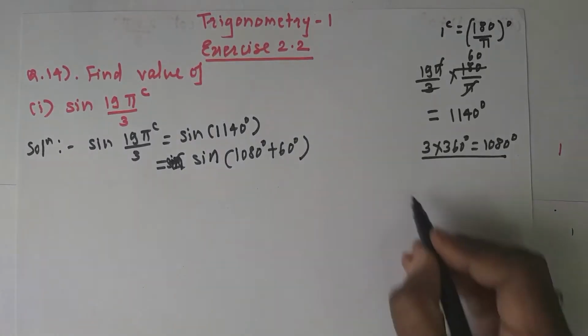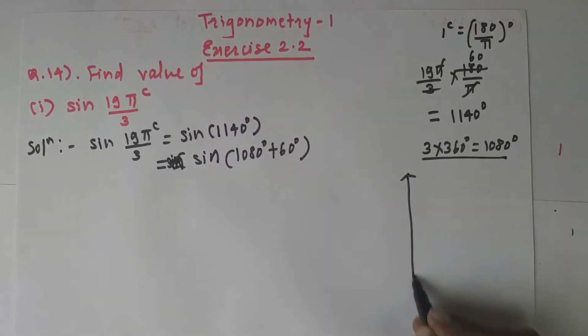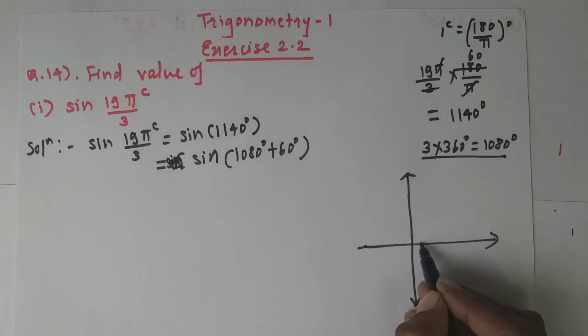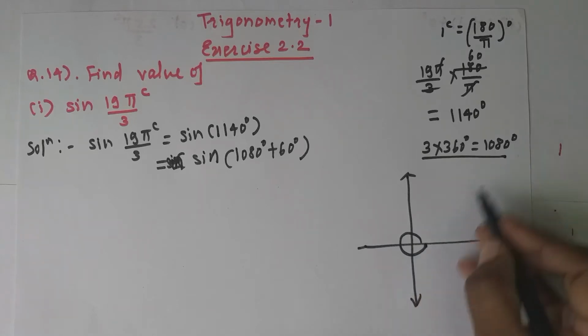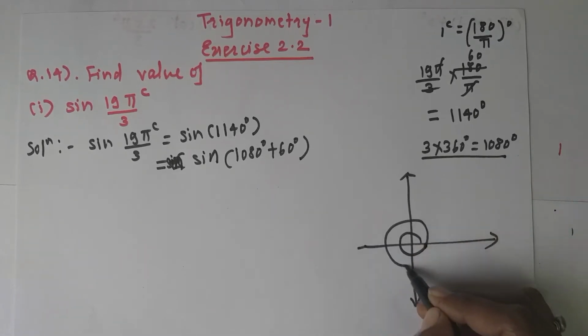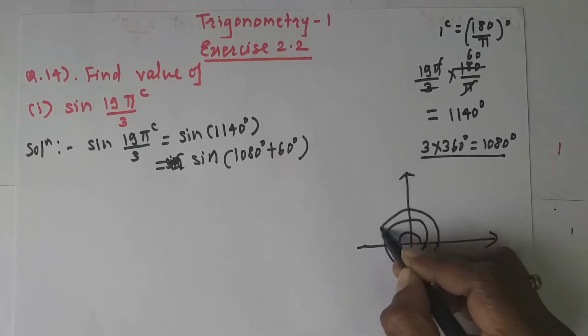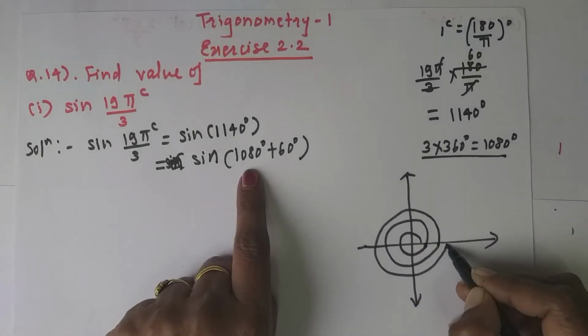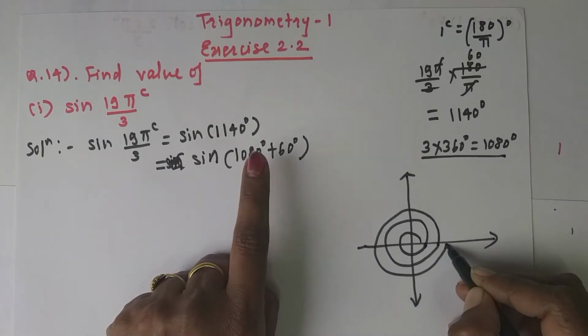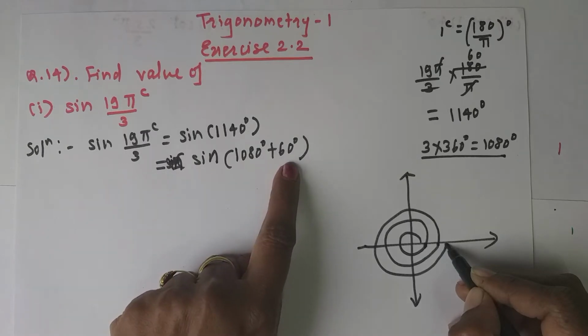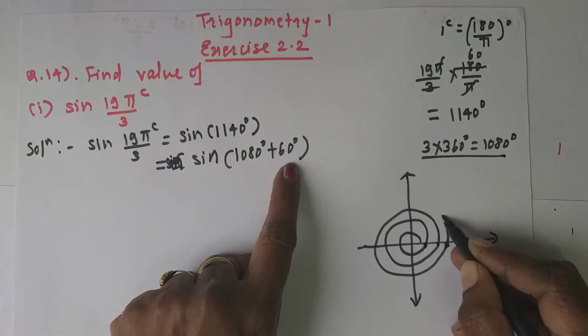Now see in your plane coordinate system, if there is one complete rotation, an angle of 360 degrees is formed. There are 3 rotations here. This is the second rotation, 720. This is the third rotation, meaning 1080 degrees. And after the third rotation there is an angle of 60 degrees, so the angle will be somewhere here.